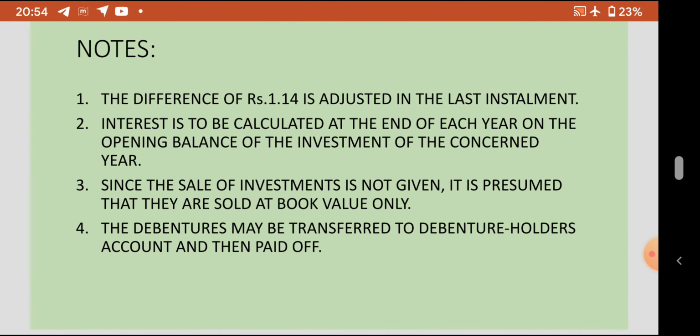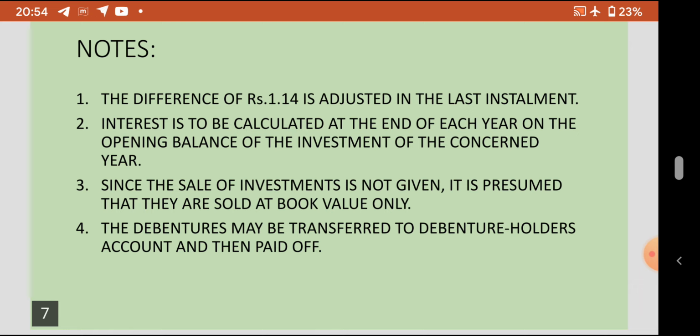The important notes relating to this problem: ultimately we get a difference of rupees 1.14, which is adjusted in the last installment. Interest is to be calculated at the end of each year on the opening balance of the investment of the concerned year. Next, since the sale of investment is not given, it is presumed that the investments are sold at book value itself.